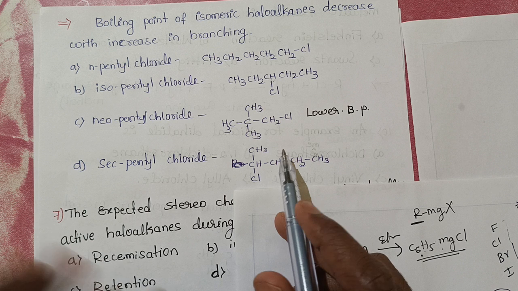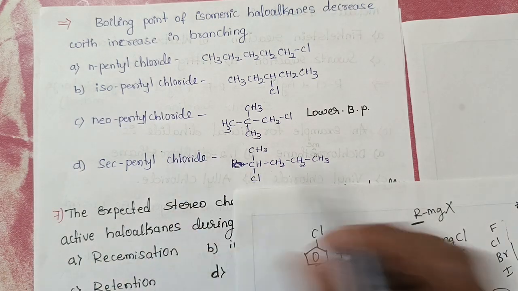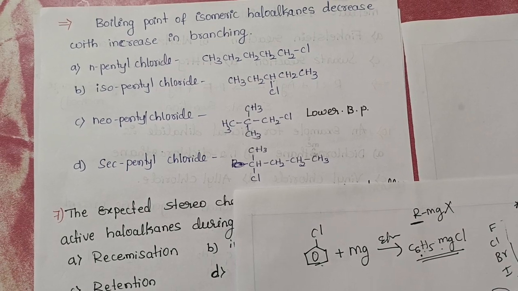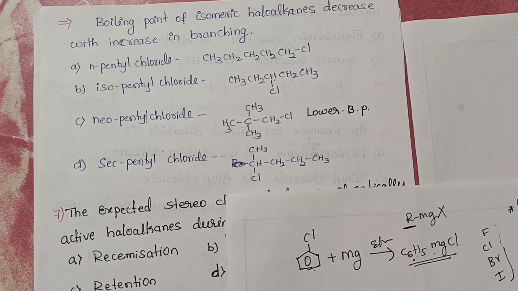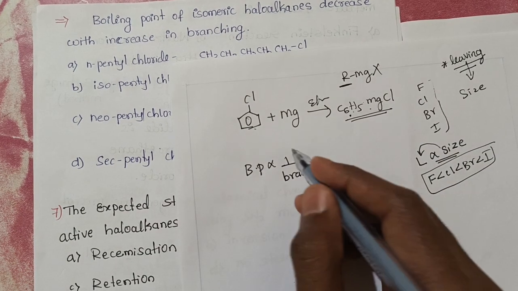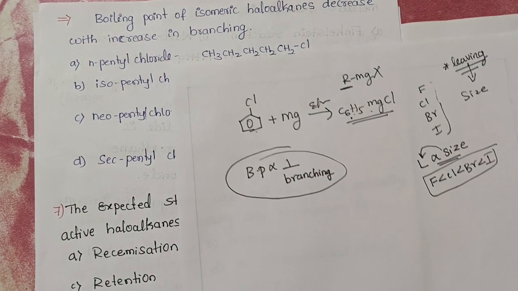Among all these 4, which one has more branching? Obviously neopentyl has the most branching. More branching means the boiling point decreases. Therefore option C is correct, which has the lowest boiling point. So the concept you have to remember: boiling point is inversely proportional to branching.